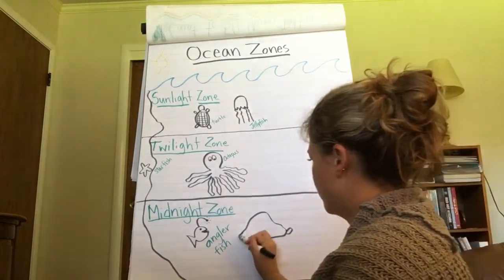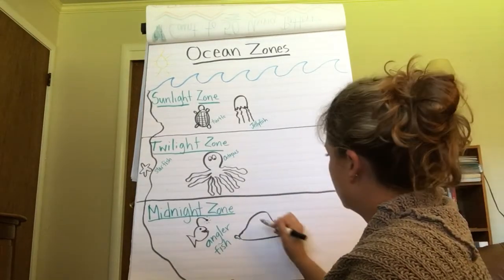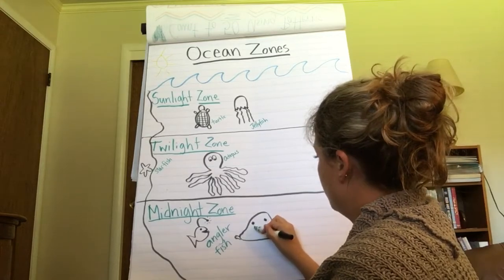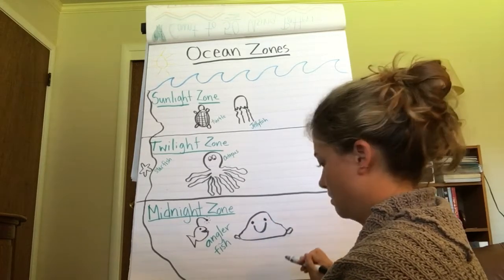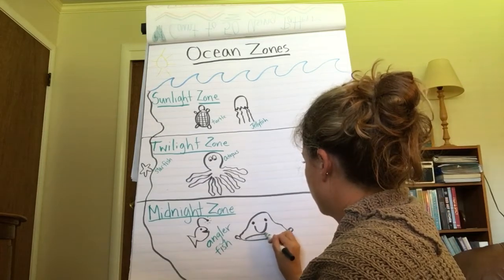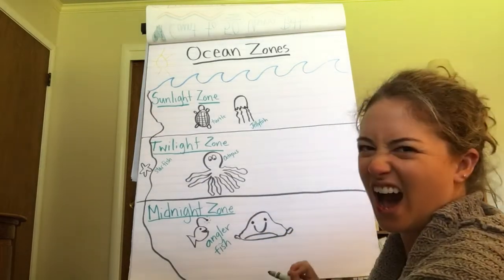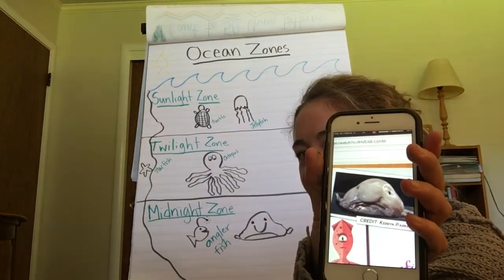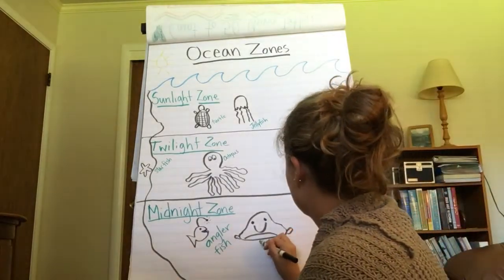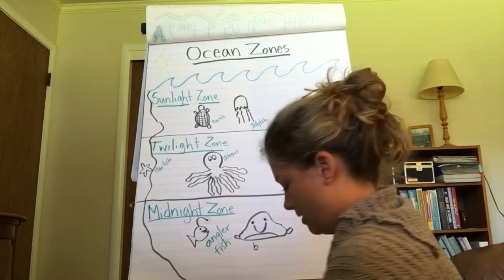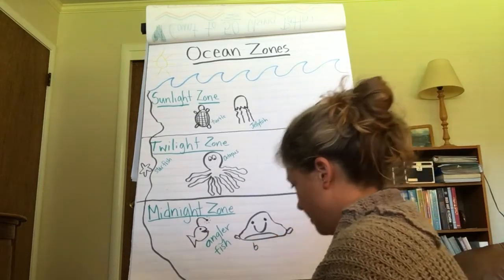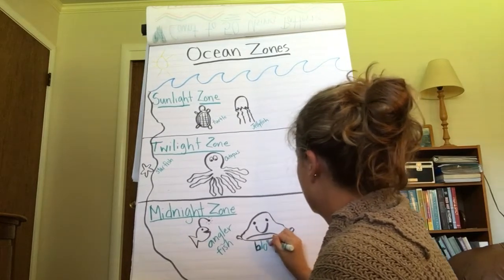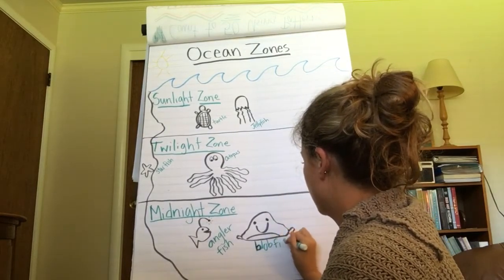Yours doesn't have to look exactly like mine. That's okay. You have 2 eyes, a big nose, and kind of a frown. It looks so silly. Does it look similar? What do you think? Oops, I did the wrong color. A blobfish.